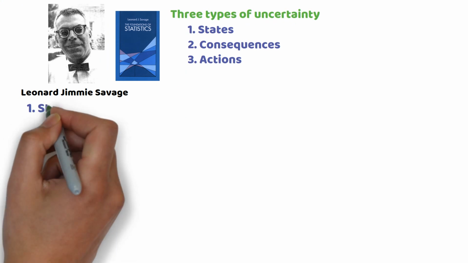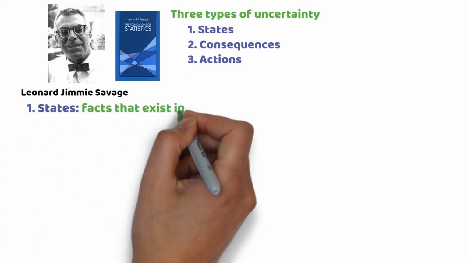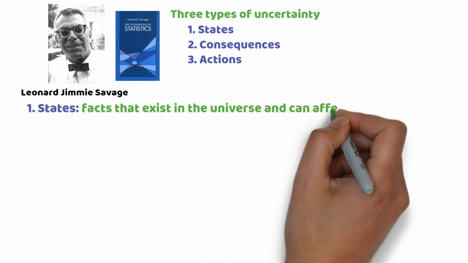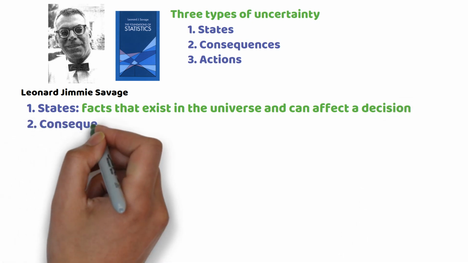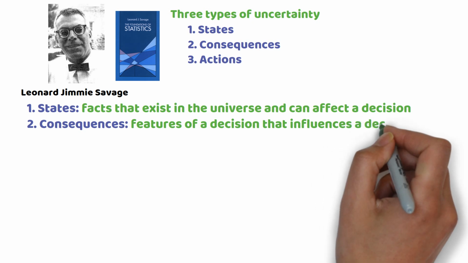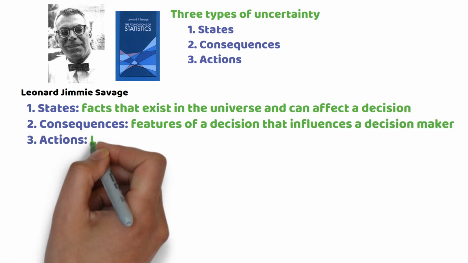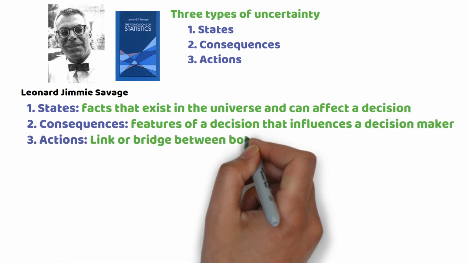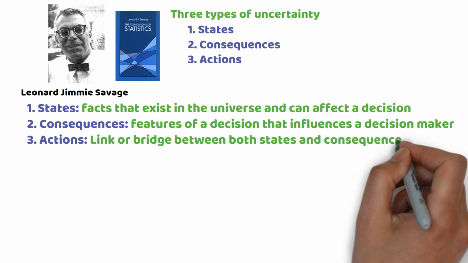States are the facts that exist in the universe and can affect a decision. Consequences are the features of a decision that influences a decision-maker. And actions are the link or bridge between both states and consequences.